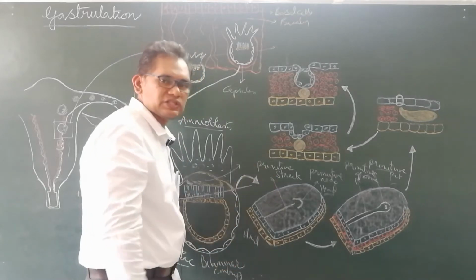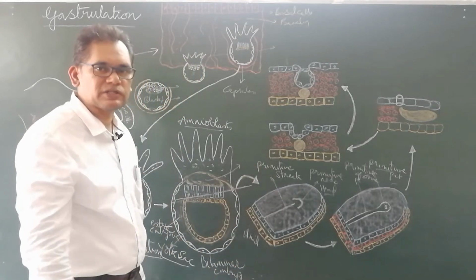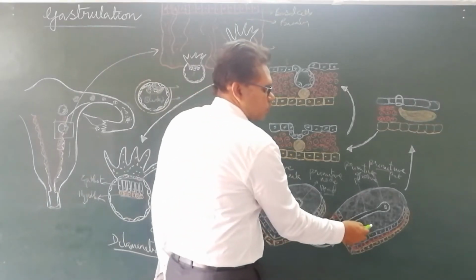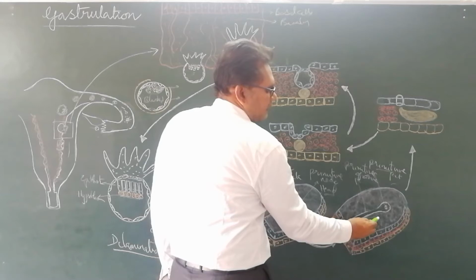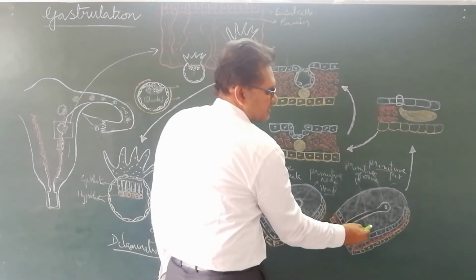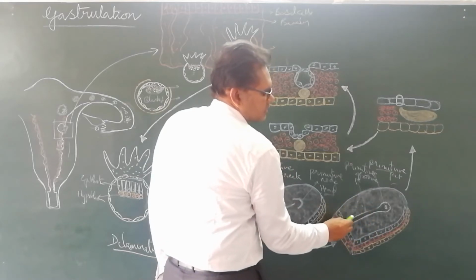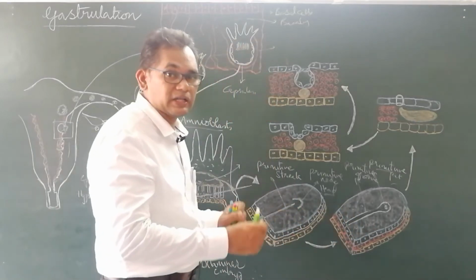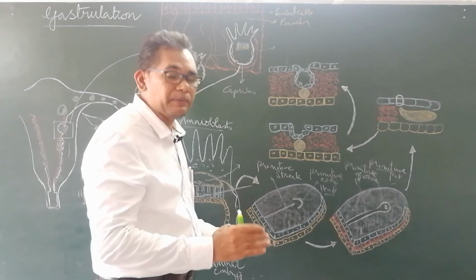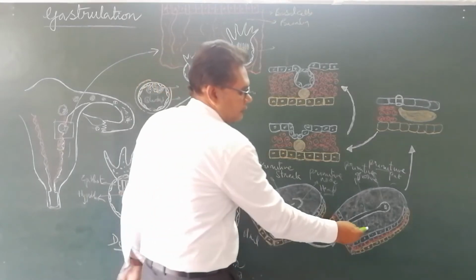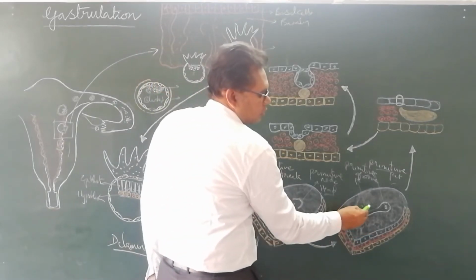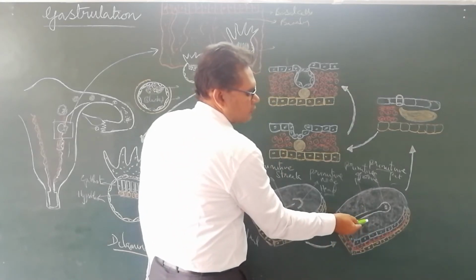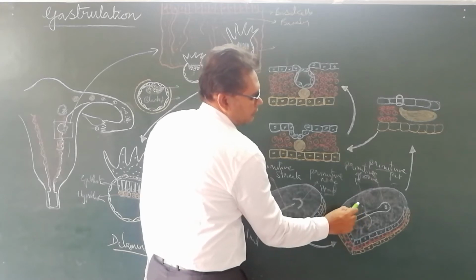Now what happens after the formation of the primitive groove and primitive pit? The cells present on the epiblast are nothing but epiblast cells. These epiblast cells grow in number and get detached, and they move into the primitive groove.